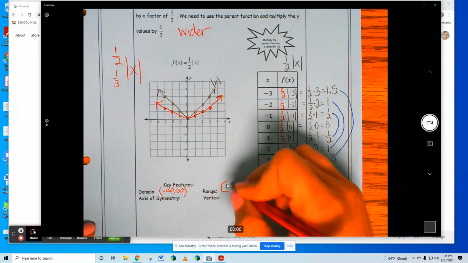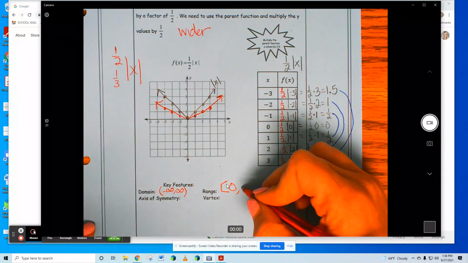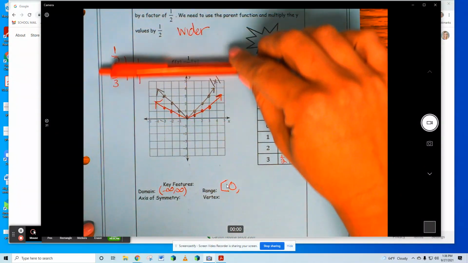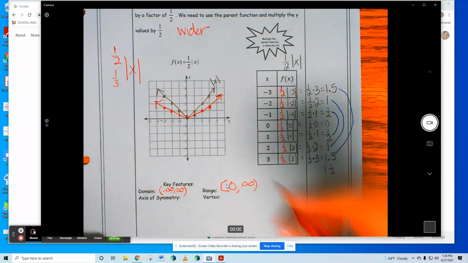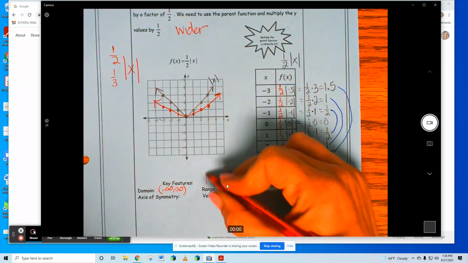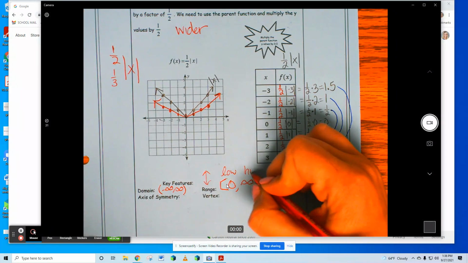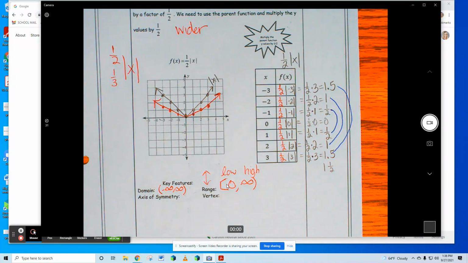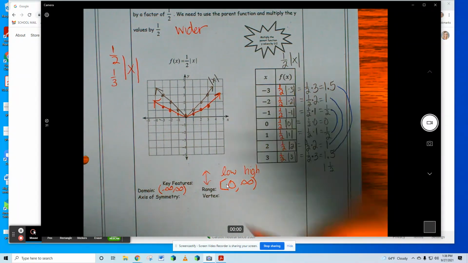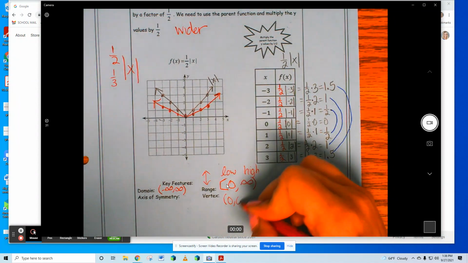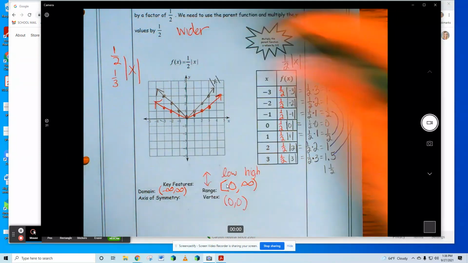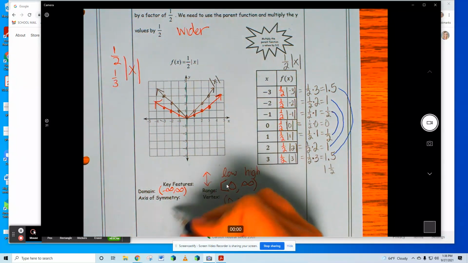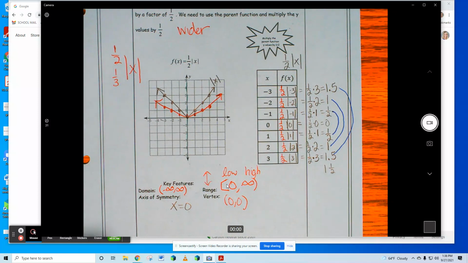Bracket, 0, up to positive infinity. Low to high. And then the vertex, obviously 0, 0. Axis of symmetry, the line straight down the middle, which is in green and you can hardly see it: x equals 0.